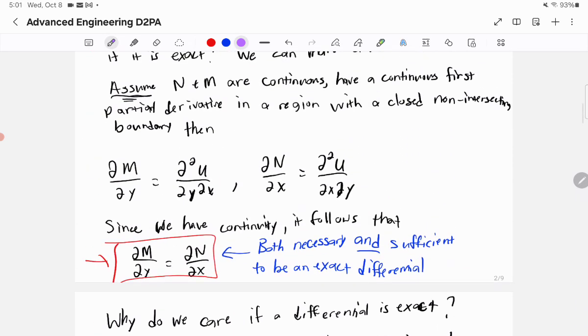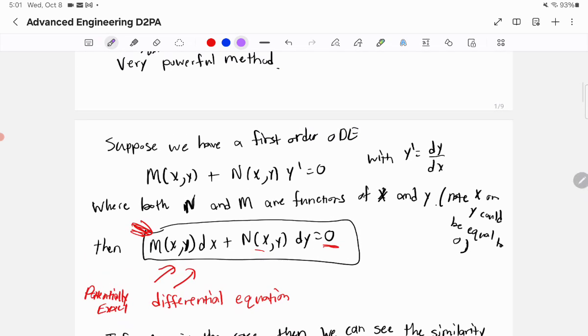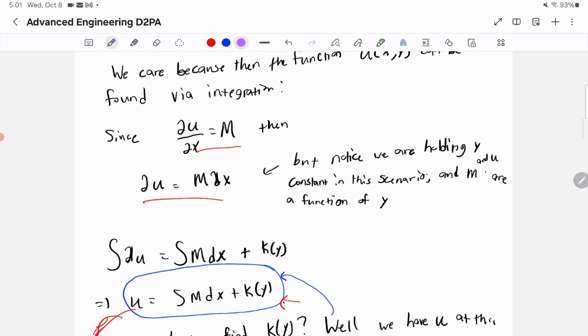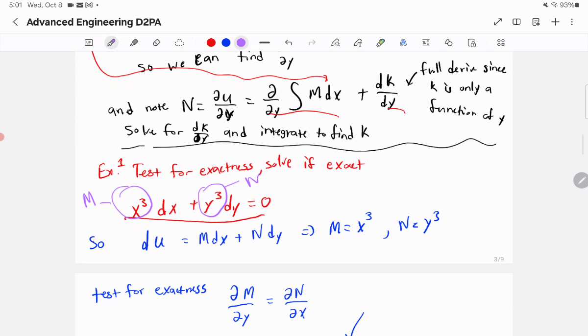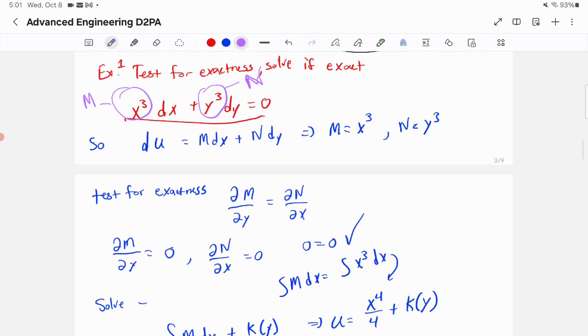Based on our writing of total differentials up here, the potentially exact differentials, whatever is in front of the dx is M, whatever is in front of the dy is N. So we come down here, and we have M and N. Now notice that in this particular case, they're actually only functions of a single variable. That's not always going to be the case, but that's true in this case here.